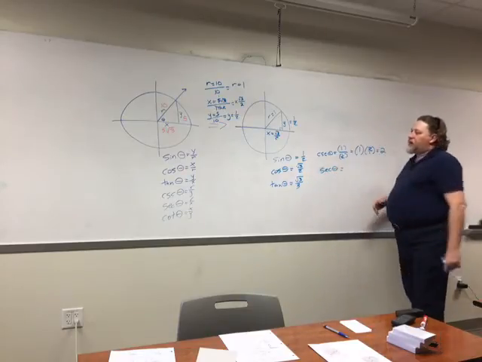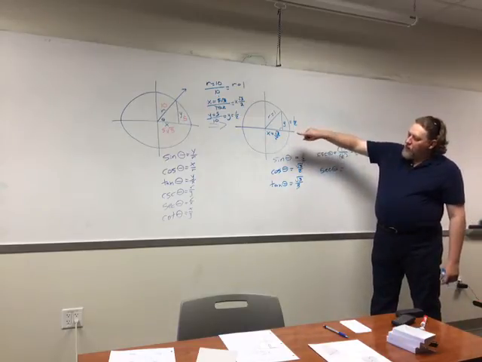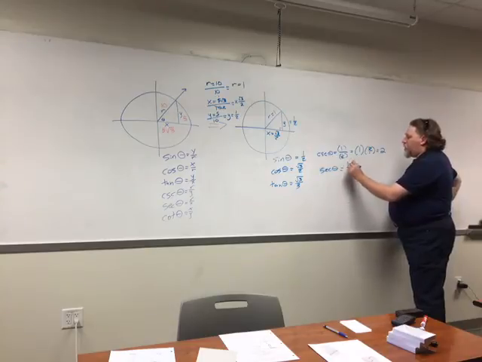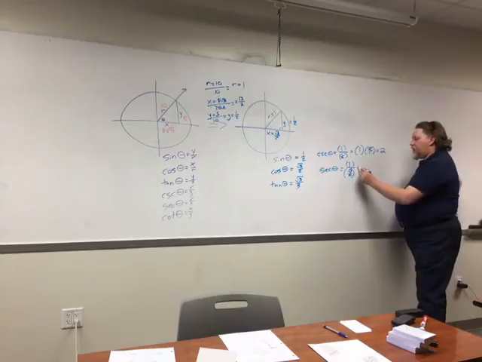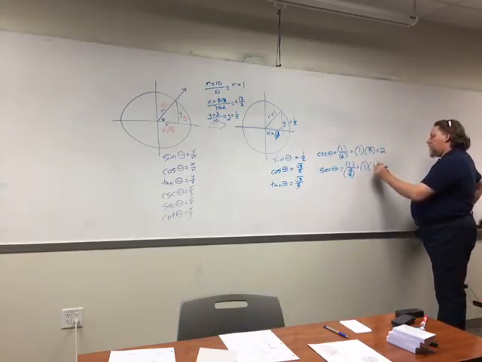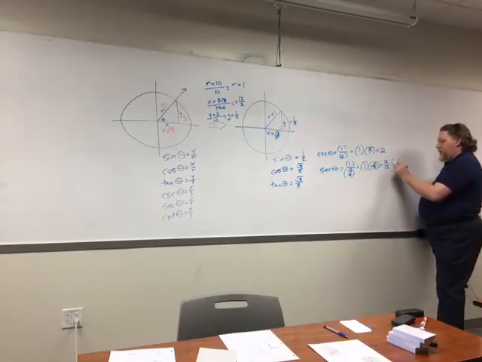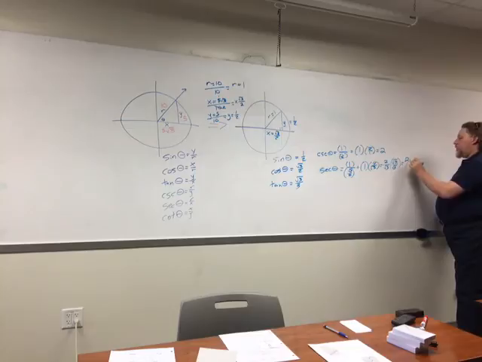The secant of the angle is radius over x, so 1 over square root of 3 over 2. Dividing by a fraction again, so we flip. 1 times 2 over square root of 3 gives me 2 over square root of 3. Multiply top and bottom by square root of 3 because I can't leave roots in the denominator. I get 2 square root of 3 over square root of 3 times square root of 3, which is 3.